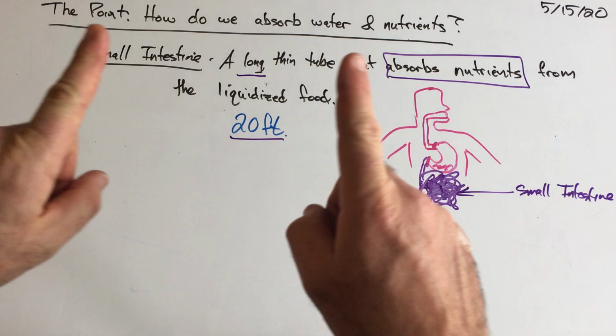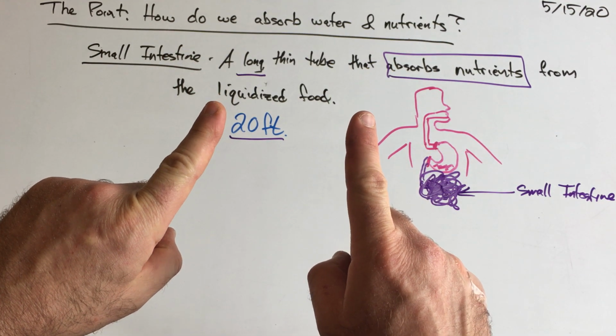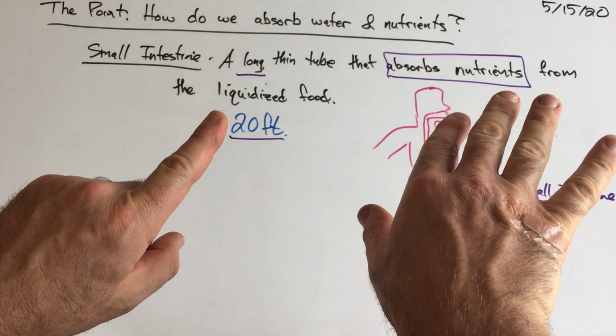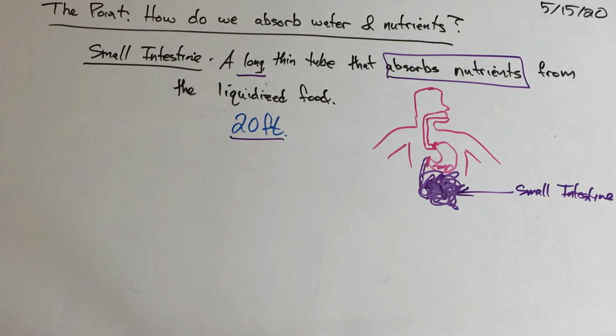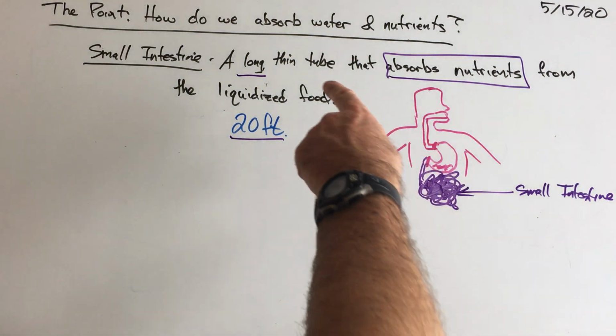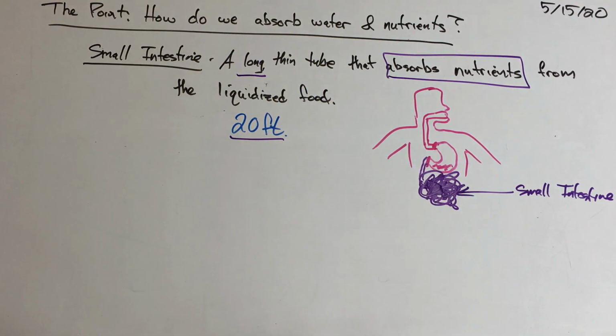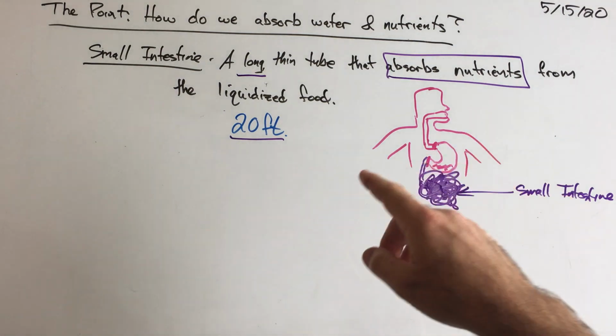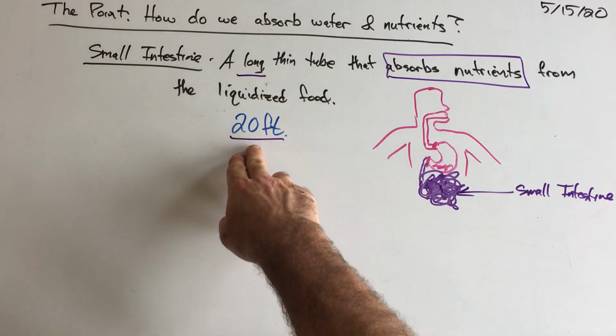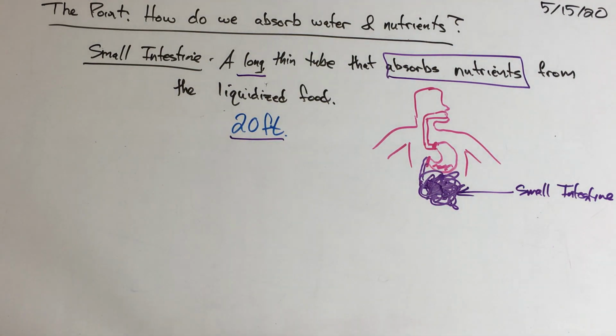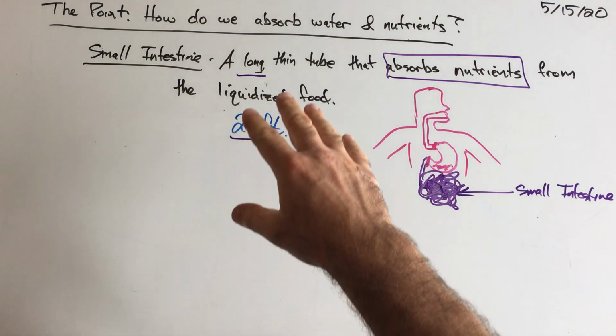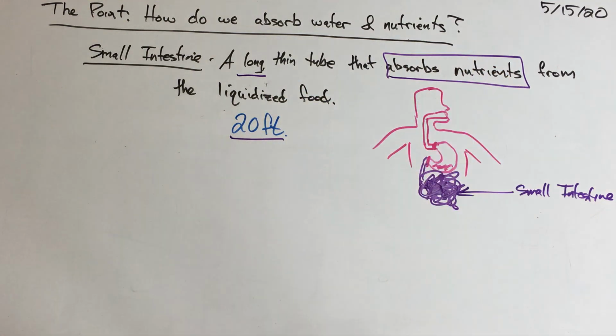If you had a really short small intestine, then most of the nutrients would get pooped out and they would just be lost to the toilet. But by having a nice long small intestine, you get a nice long look as the liquidized food goes through these 20 feet of tube. That gives us a lot of time to absorb those nutrients.